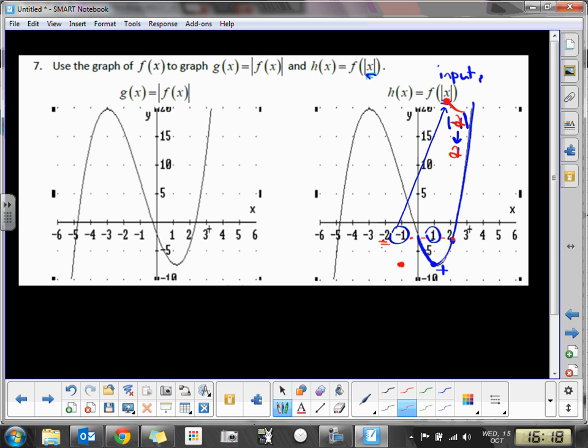I'm trying to make sure I got that somewhat close. So really, we're going to end up copying the entire graph. This side of the graph, which was the positive inputs, gets copied over here for the negative inputs. So the negative x, which you take the absolute value of, turns into a positive x. All of these positive x's will reflect the same values that you had for your graph on the right side.